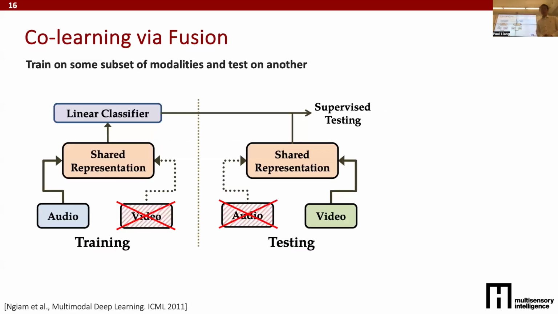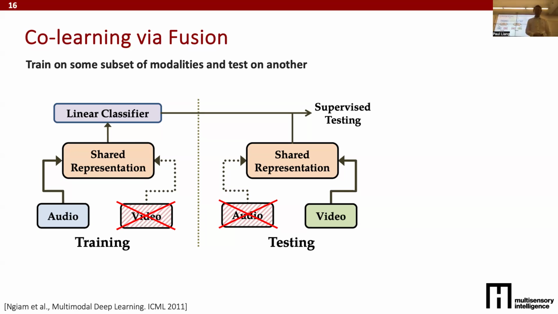Here's another cool example. Another very seminal paper, 2011, called Multimodal Deep Learning. In this setting, they also trained this shared representation, again a joint representation between, in this case, audio and video. But what they would do is train it using audio, and then they would try to do testing in video. And they showed that this was actually competitive with video training and video testing supervised learning.